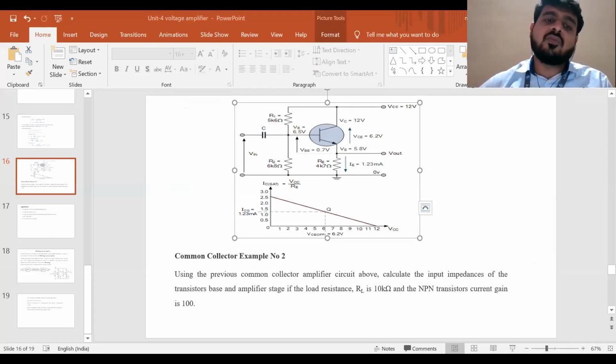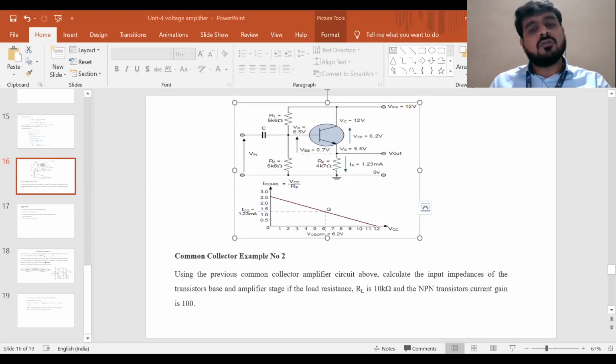When your resistances are in parallel, with respect to R1 and R2 you have to first find the R bias. R bias is nothing but the parallel configuration of R1 and R2. If I take R1 and R2 in parallel, the formula I get is R1 into R2 divided by R1 plus R2.